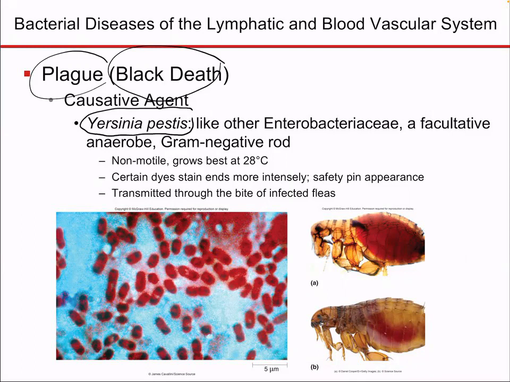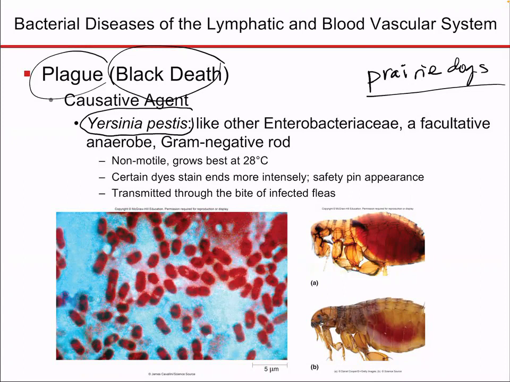So the natural reservoir for this bacterium is believed to be principally the marmot or the prairie dogs. We believe that that is the natural reservoir of that bacterium.